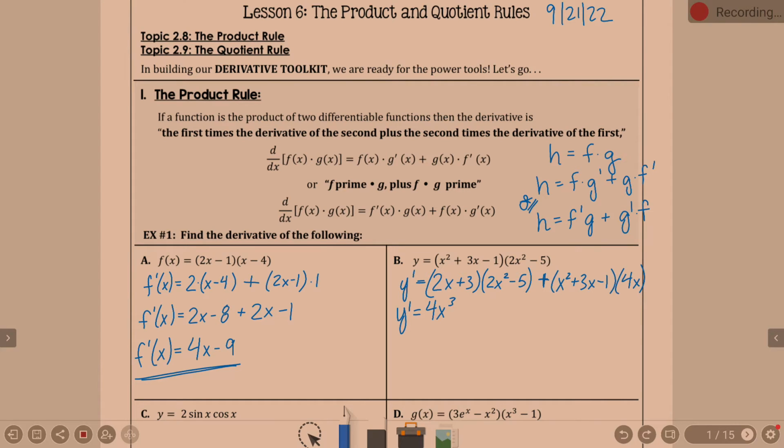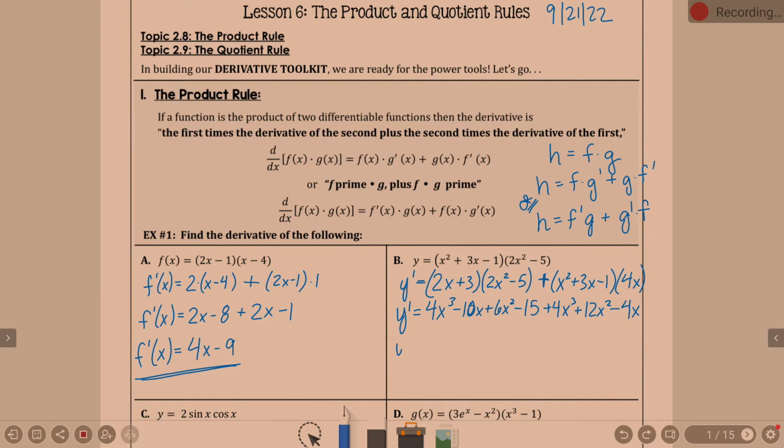4x cubed minus 10x plus 6x squared minus 15. Then I'm distributing 4x. So plus 4x cubed plus 12x squared and minus 4x. You got the same pieces as me? Maybe not in the same order, but the pieces.